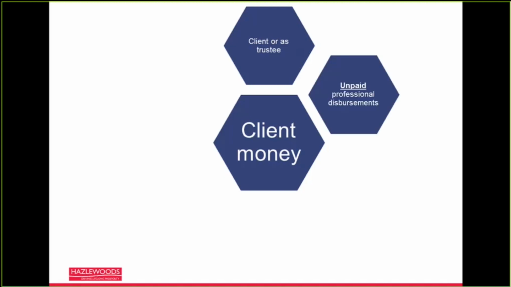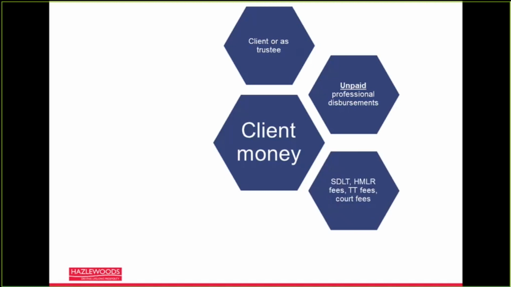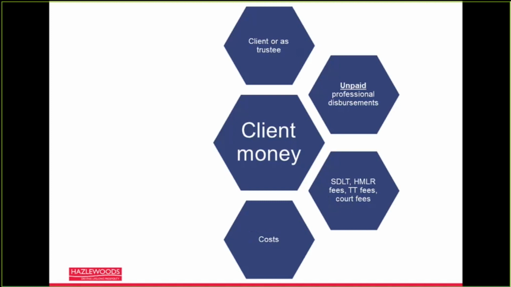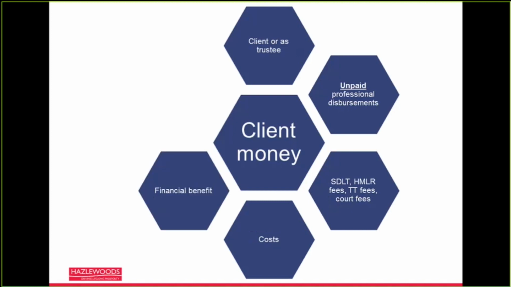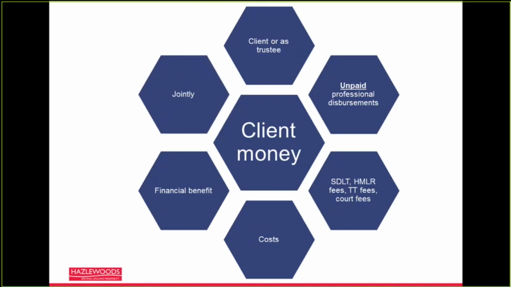Money for payment of unpaid professional disbursements, which includes surveyors, estate agents, and translators' fees. Money held for payment of stamp duty, land tax, land registry fees, telegraphic transfer fees, and court fees. Payment on account of your costs generally, any financial benefit paid in respect of a client, and money held jointly with a third party.